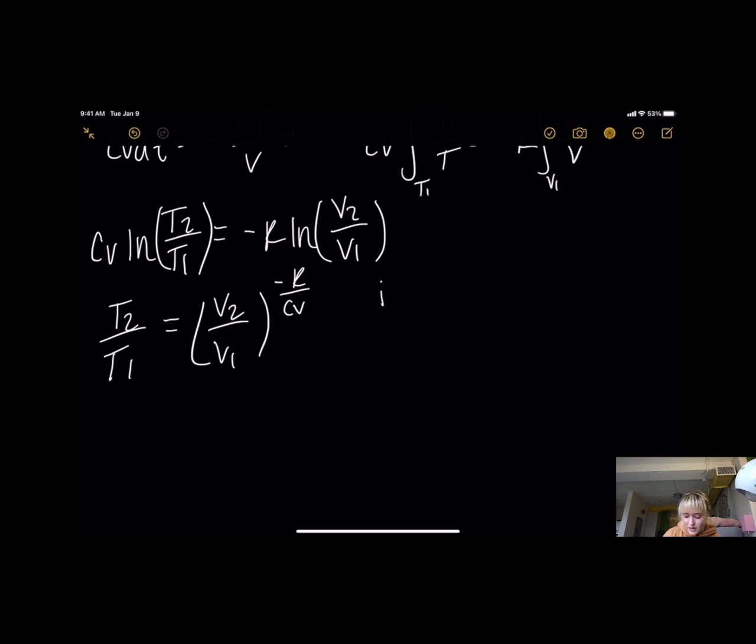Now, talking about our ideal gas law again, we can also say that volume is going to be equal to the gas constant times temperature over pressure.